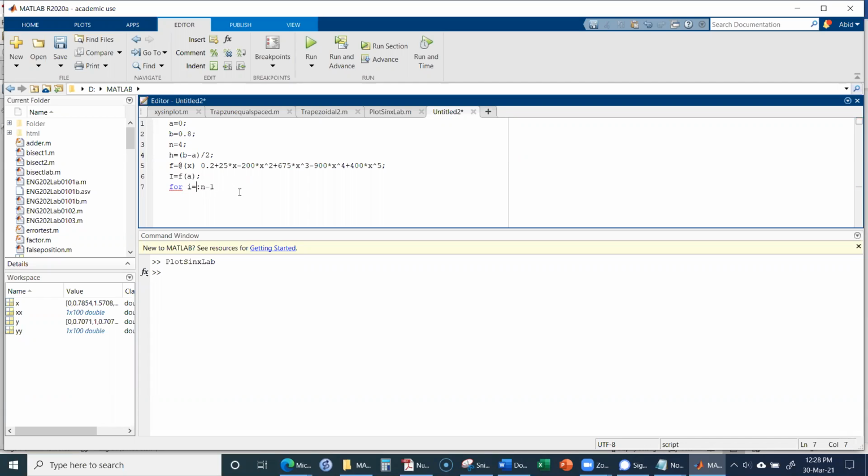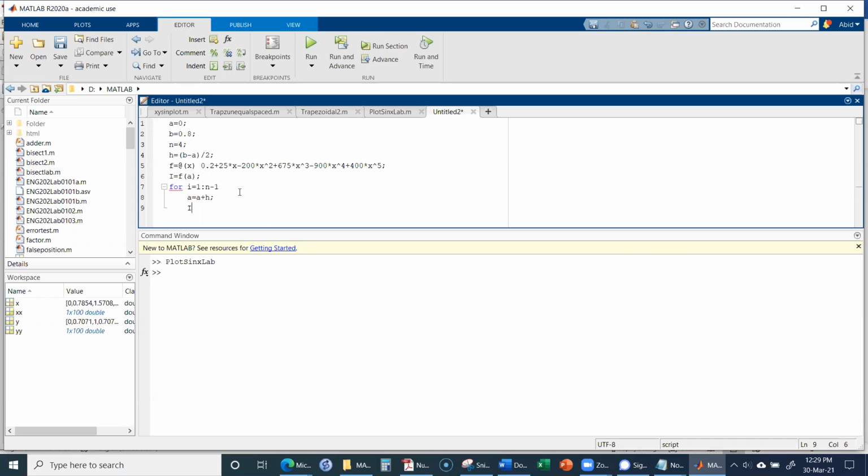Okay, I is equal to 1 minus n minus 1. And then what I will do is, the next value for a will be a is equal to a plus h, because this will be the value at which I will evaluate the function.